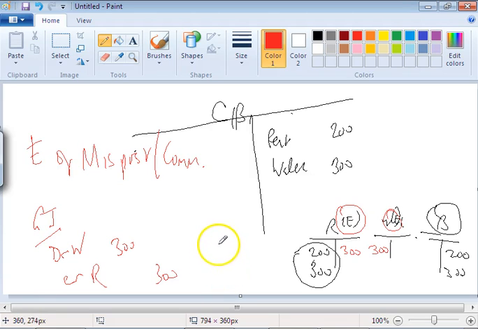Right. Let's look at another error. While I'm here, let me do this error here. Say, for example, I had a truck, and say this truck was for 5,000. That's my truck.